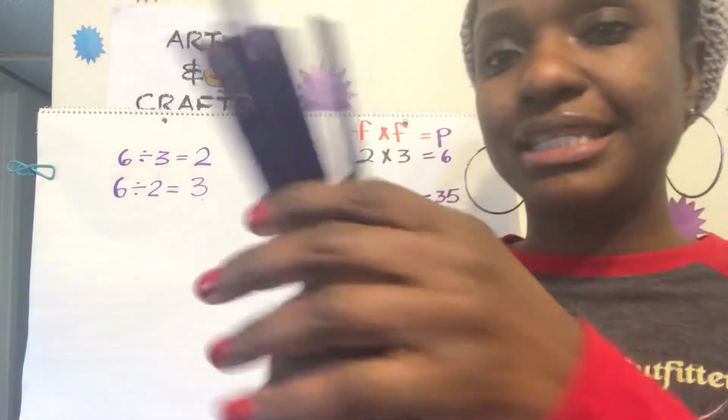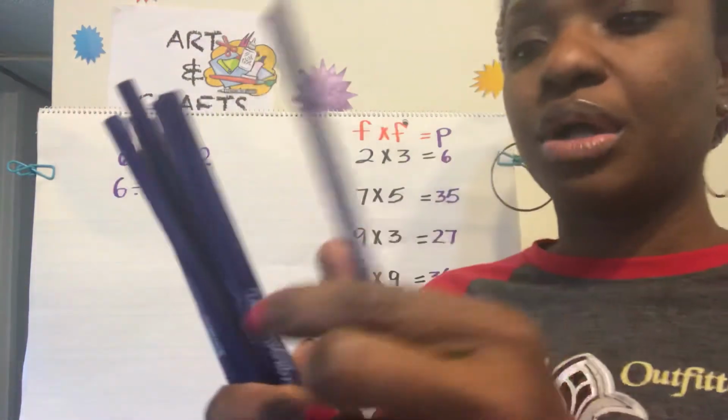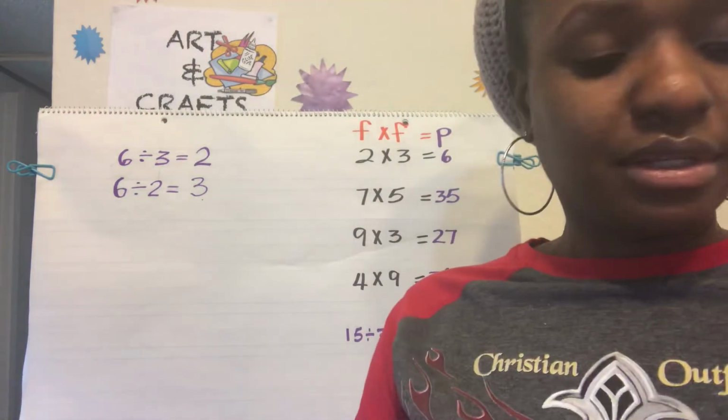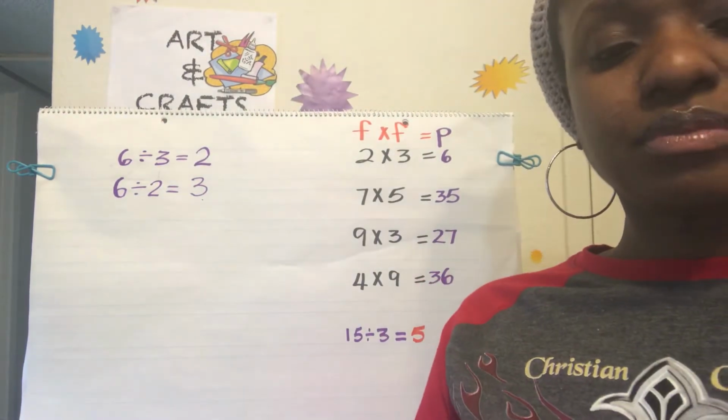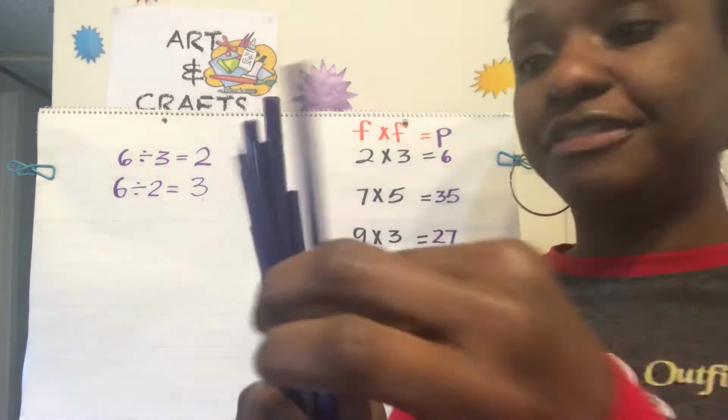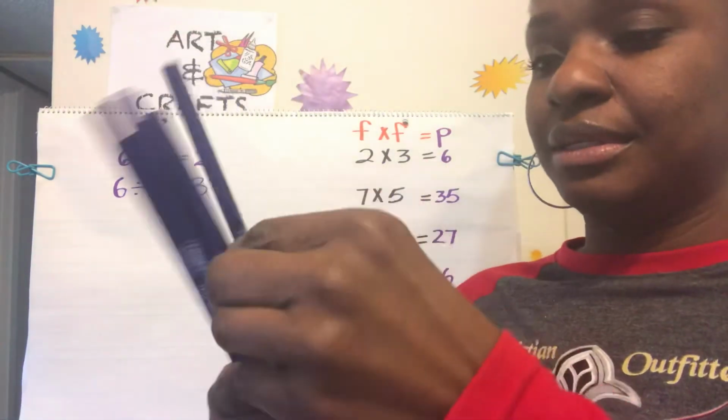I have some pencils here, right? 1, 2, 3, 4, 5, 6, 7, 8, 9, 10, 11, 12, 13, 14, and 15. So I'm showing you how division works as well, right?